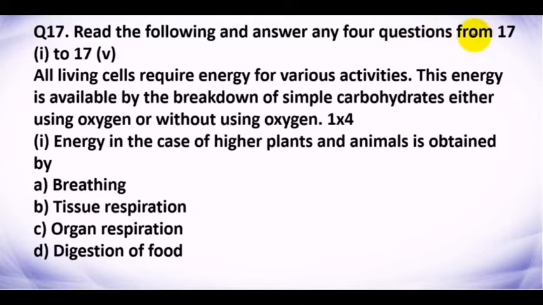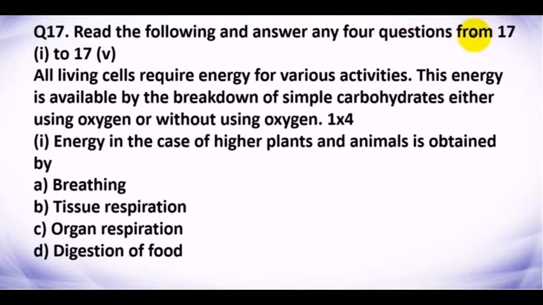The first question given is, energy in the case of higher plants and animals is obtained by. 4 options are given: breathing, tissue respiration, organ respiration and digestion of food. As we know, breathing is only the exchange of gases and digestion of food is the breakdown of complex food molecules into simpler food molecules.